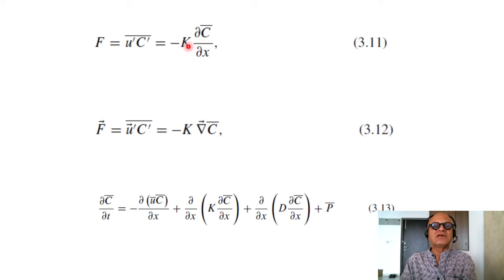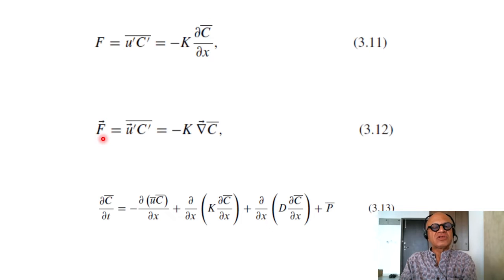So this is obviously a so-called parameterization. We don't always measure these things, but the net effect is that the mean is being affected by the diffusive effect of the eddies, which is represented here.